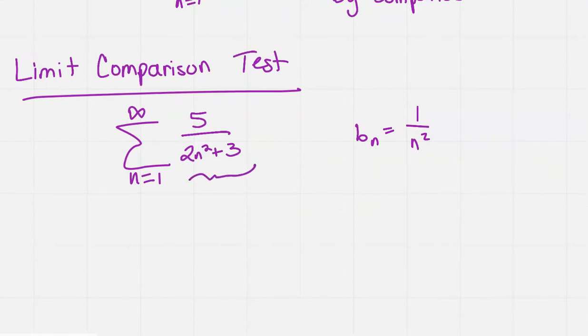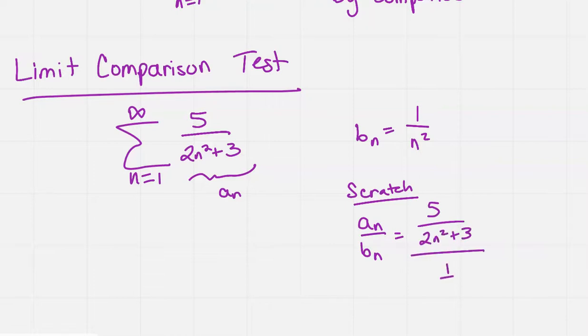So my a sub n is going to be called this 5 over 2n squared plus 3. And I'm going to do a little scratch work so I don't have to keep pulling my limits through and rewriting them. So I'm going to look at a sub n over b sub n, and that's equal to 5 over 2n squared plus 3 all over 1 over n squared.